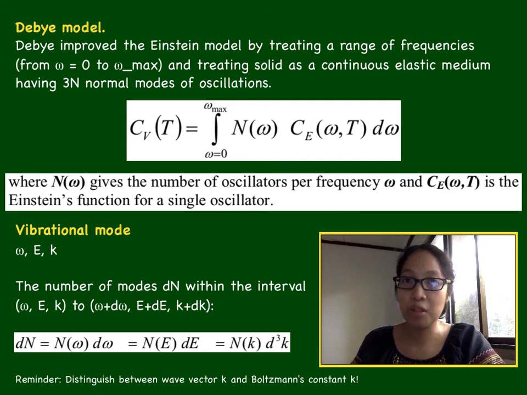What is a vibrational mode? A vibrational mode can be defined by a frequency omega, energy E, and wave vector k.